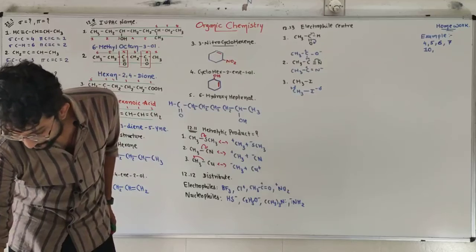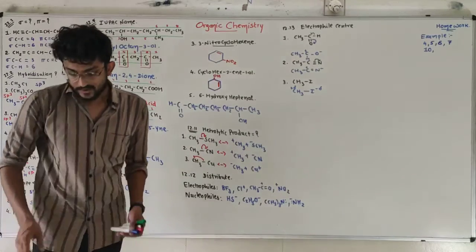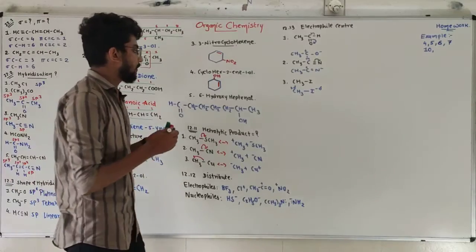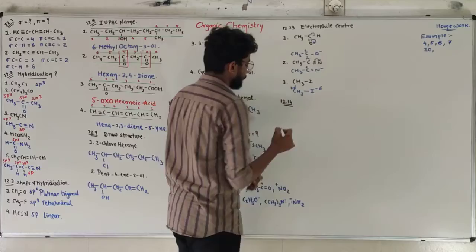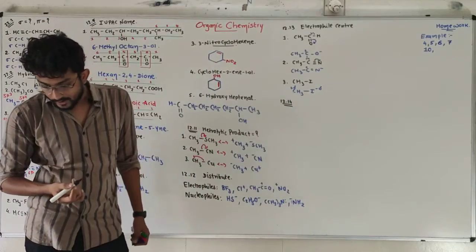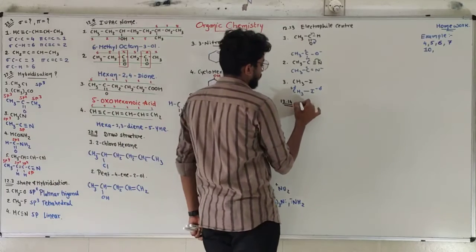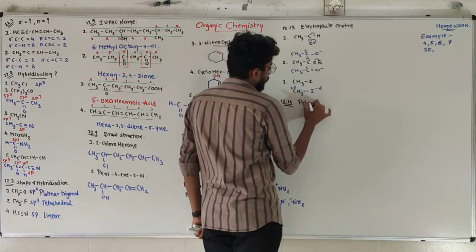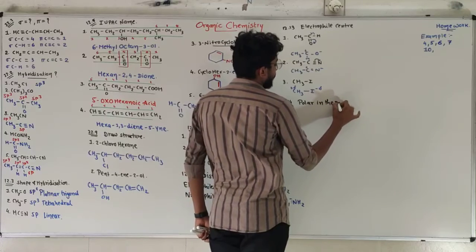After that, problem number 14. So 12.14, which bond is more polar in the pair? We have to find the more polar bond in each pair. That will be easy for us.